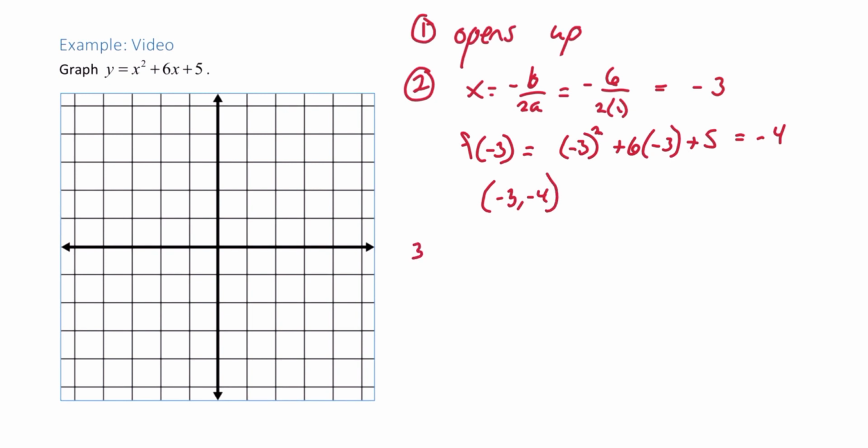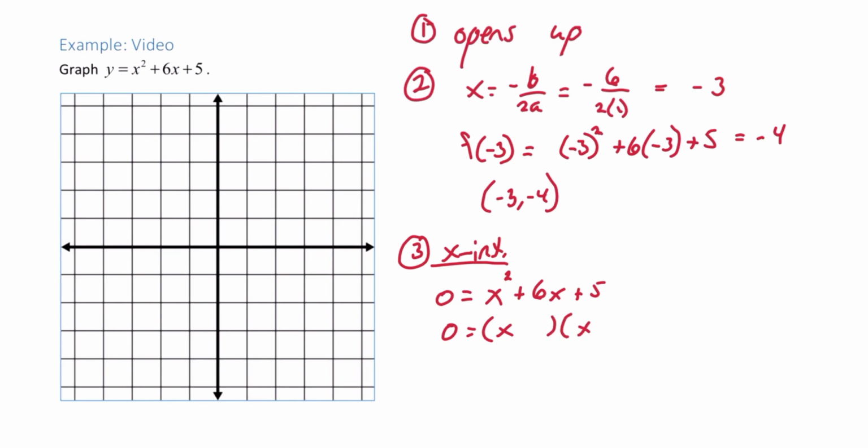Up next, we want to find the x-intercepts. Remember, to find an x-intercept, you force y to be 0. So 0 equals x squared plus 6x plus 5. Factor. Two numbers that multiply to 5 and add to 6 are 5 and 1.